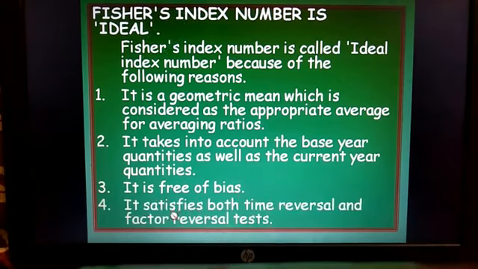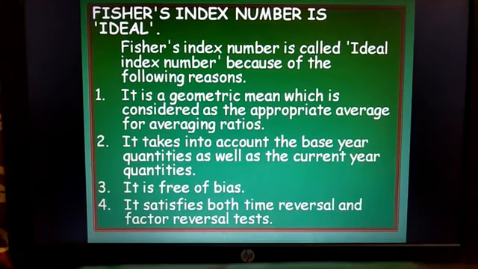Then the last one: it satisfies both time reversal and factor reversal tests. We have already come across time reversal and factor reversal tests previously. If we observe, Fisher's index number is the only index number which follows both time reversal test and factor reversal test.